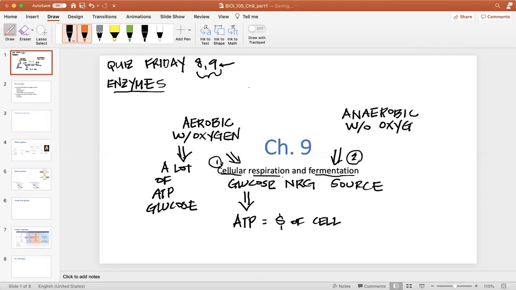So we can do this just a little bit. Bacteria do this a lot. And if you're trying to turn glucose into ATP and you don't have oxygen to help with these chemical reactions, you can still do it, but you're just going to get a little bit of ATP from your glucose.